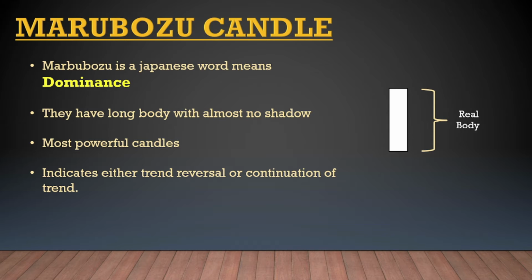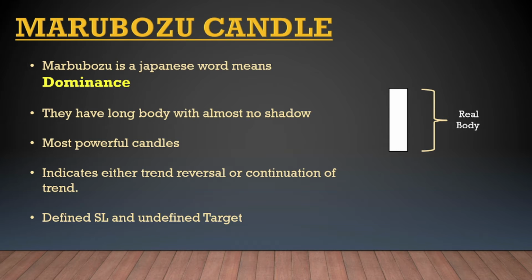When we see a Marubozu formation on the chart, we can interpret whether there is going to be a trend reversal or continuation of trend, depending on where exactly this Marubozu candle is getting formed. It depends on the type of Marubozu, whether it's a bullish Marubozu or a bearish Marubozu.